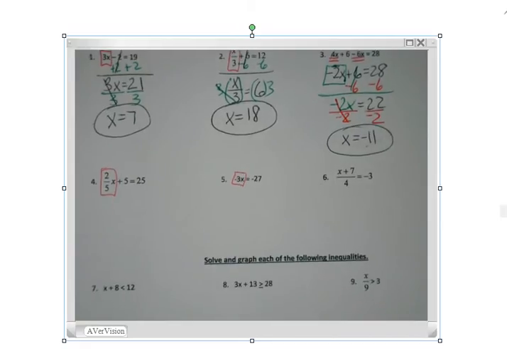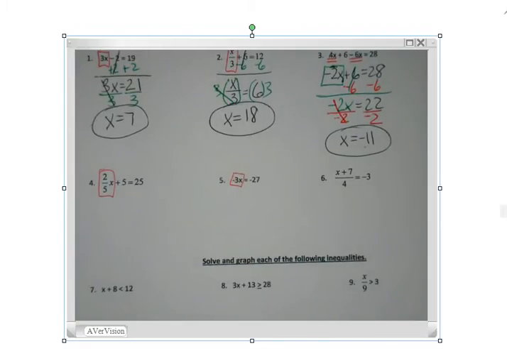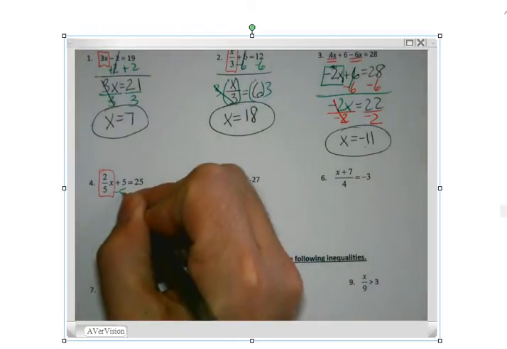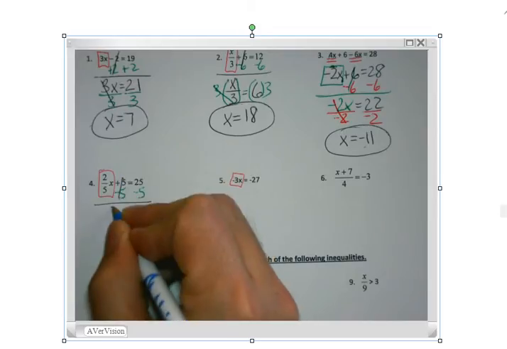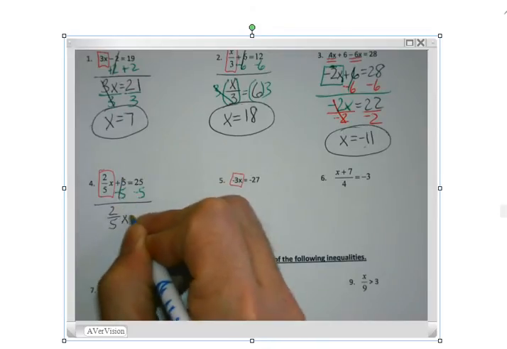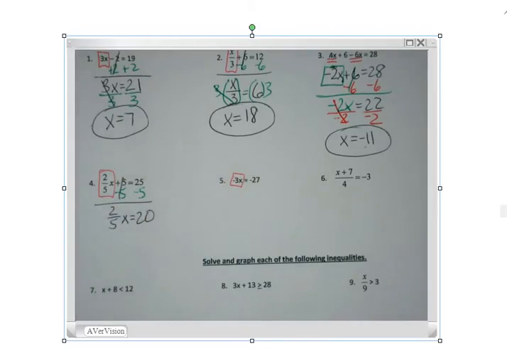Move up here a little bit. All right, for 4, what's up next? Okay, again, whatever's not directly connected to my x, that's got to go first. Ooh, fraction. Now what?